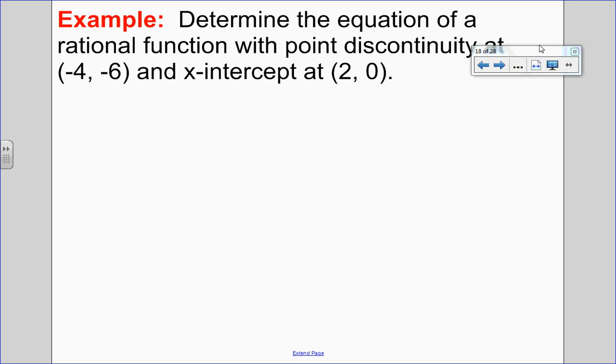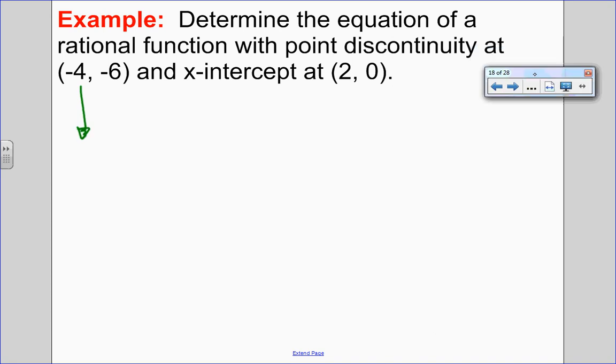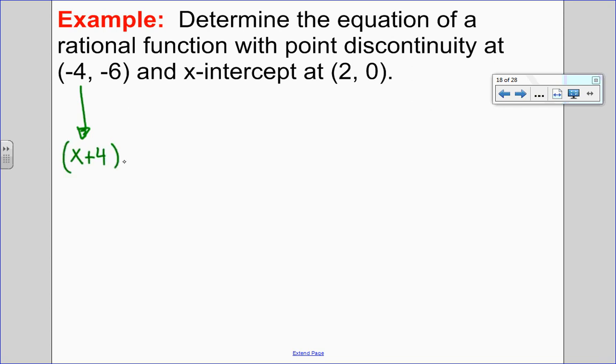Determine the equation of a rational function with a point of discontinuity at negative 4, negative 6, and an x-intercept at 2, 0. So let's focus on this one here first. If they have a point of discontinuity at negative 4, negative 6, that means that x plus 4 has to be a common factor.